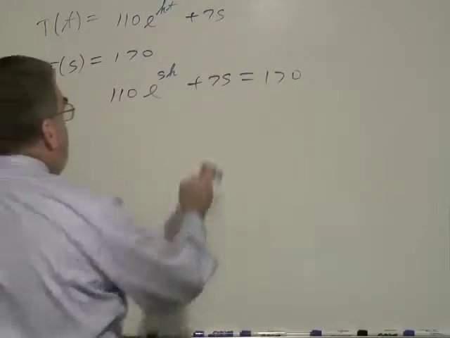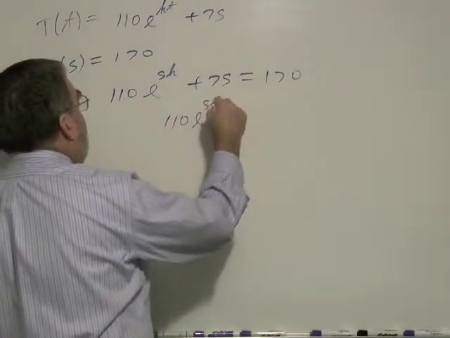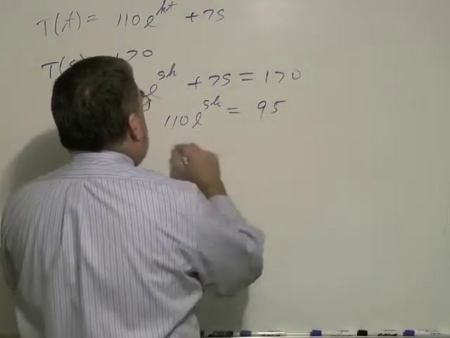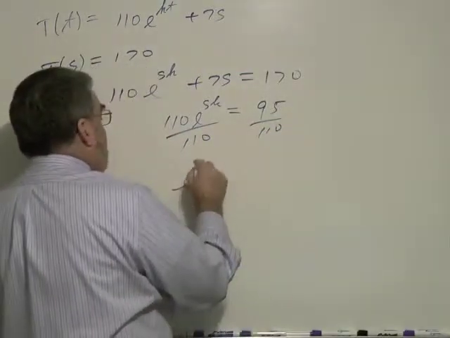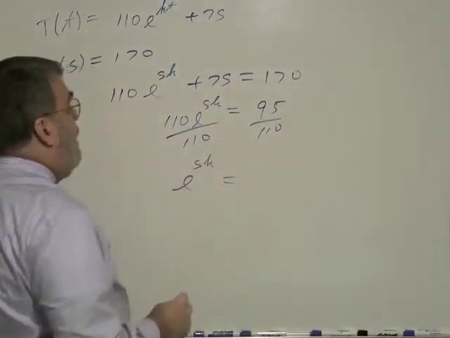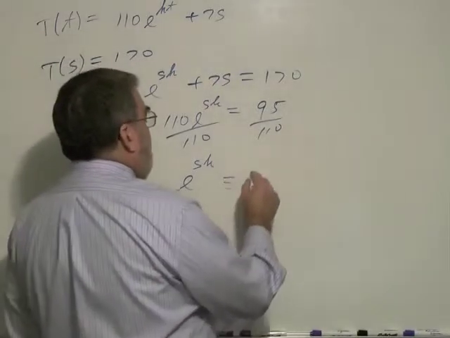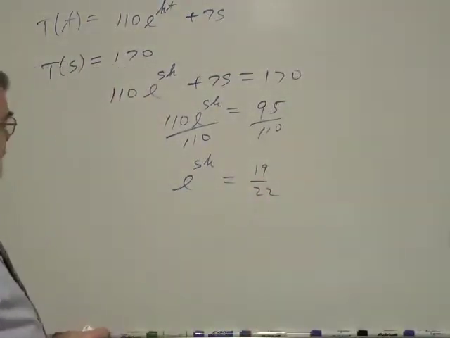So let's subtract our 75. 110 e to the 5k is equal to 95, and then we'll divide by 110. So e to the 5k is 95 over 110, and we could reduce that to 19 over 22 if we want to reduce that fraction.